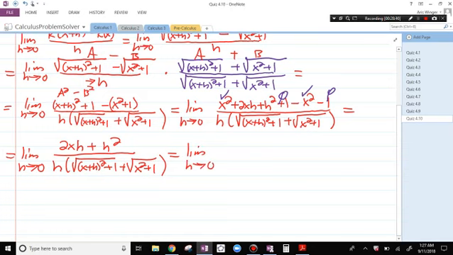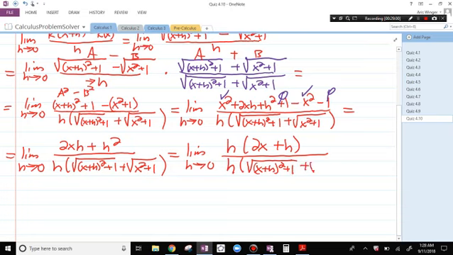Now the numerator has an h in common. We'll factor it out, and this was the whole point because we're about to cancel. It's 2x plus h all over this h times the square root of x plus h squared plus 1 plus the square root of x squared plus 1.